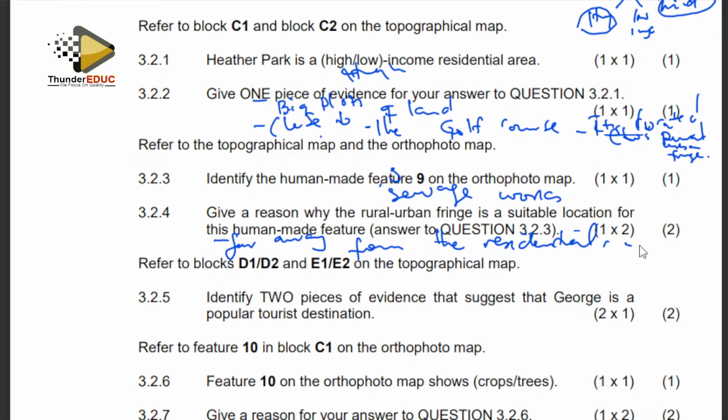Okay, number one. Number two, in that area the land is cheaper. Remember, most of the time the rich people go in such areas because they can have a very big plot at a cheaper price, and they build those big houses. Okay, the gradient there, when you look at that area, is gentle. Please don't forget that we write answers in a sentence.